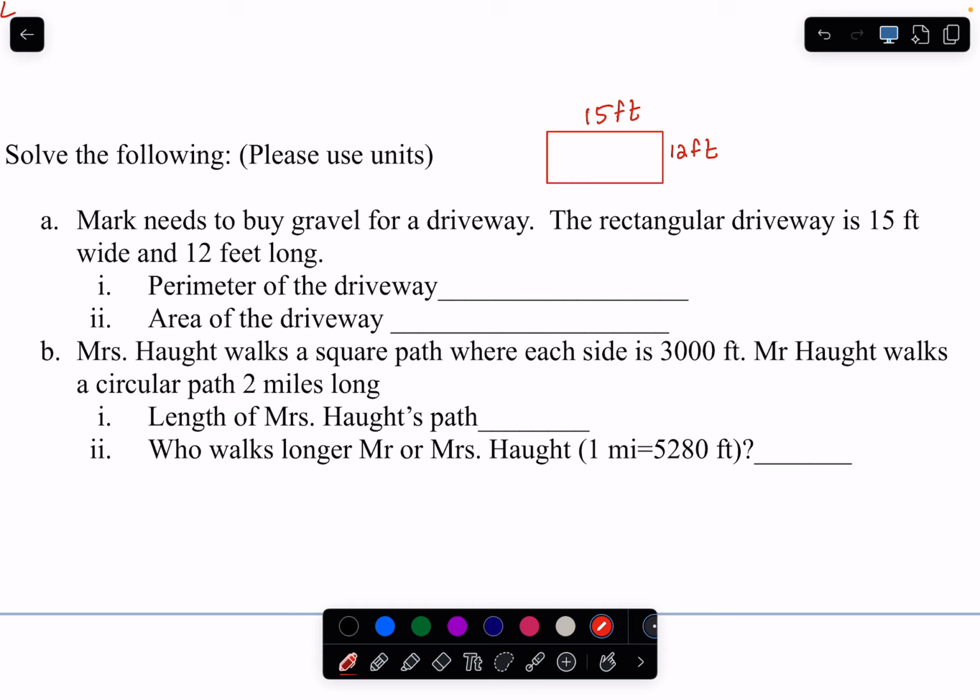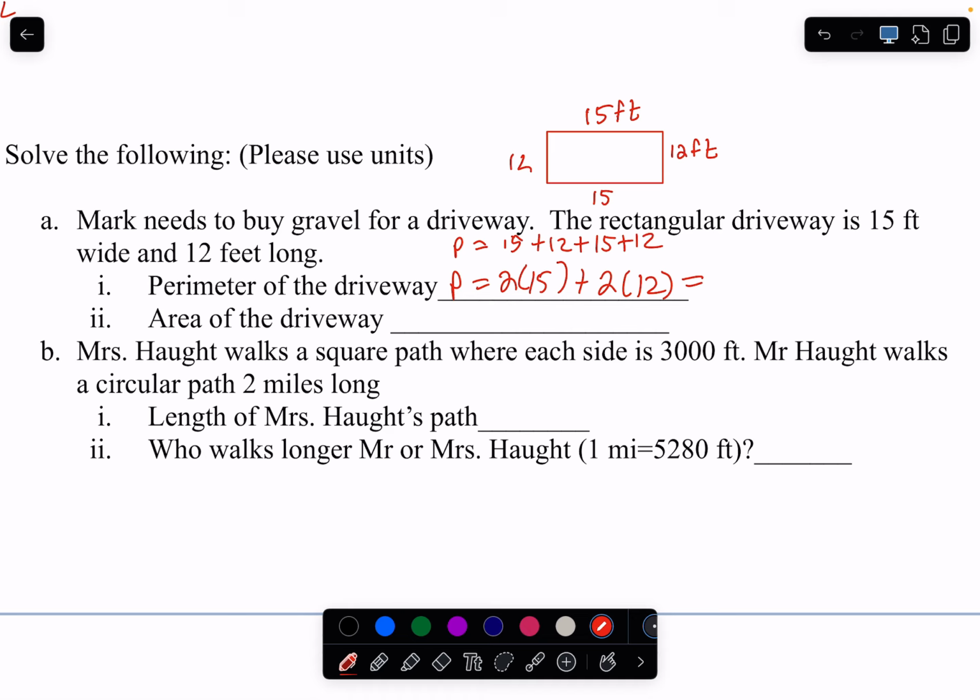Okay. So for part A, the perimeter, we have 2 different ways we can do it. We can just add up the sides. So 15 plus 12 plus 15 plus 12 is totally okay to do this perimeter. The shortcut way is to use the formula. We have 2 15s, we have 2 12s.